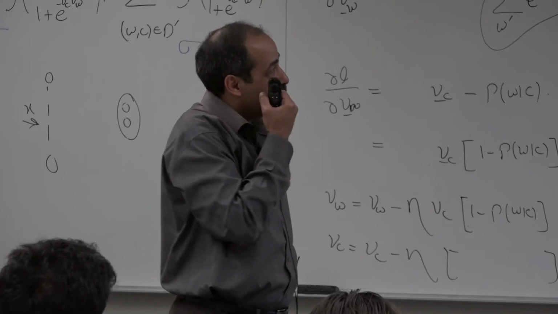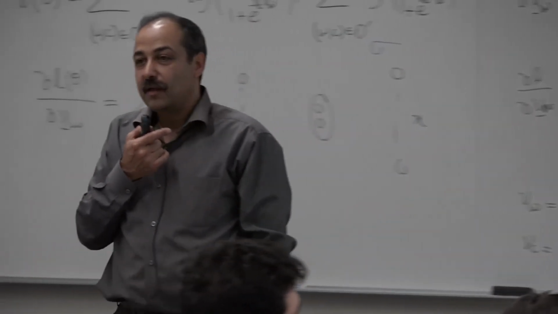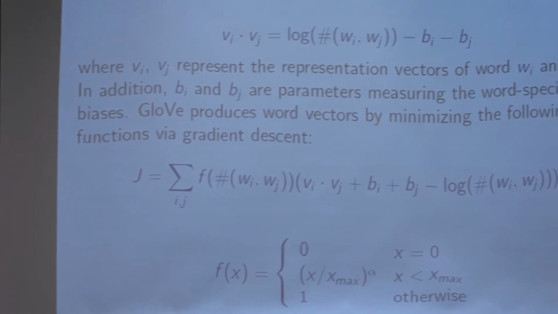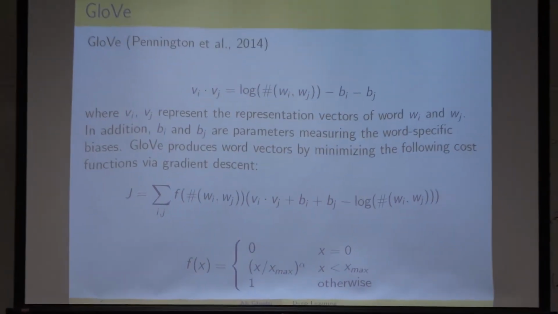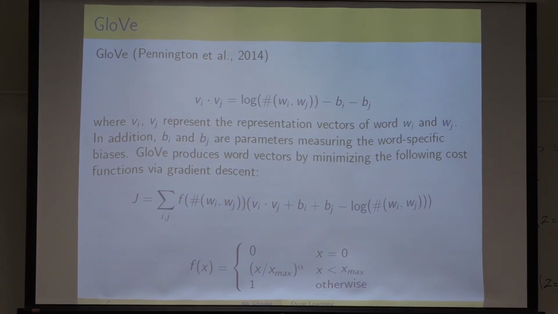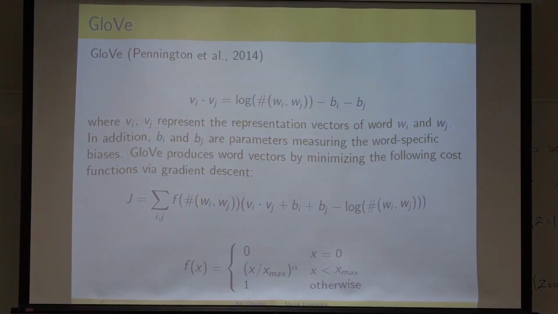Okay, there is another paper in 2014, GloVe, which is not as famous as Word2vec, but it is a pretty famous paper and model. There are claims from both sides. There are claims that GloVe is as good as Word2vec in the original paper.